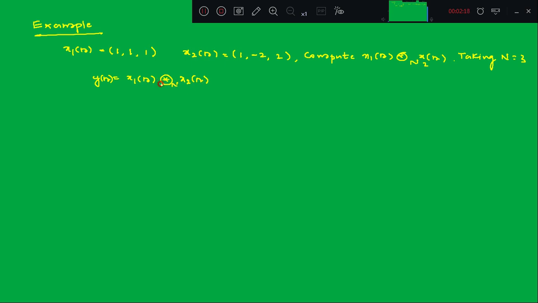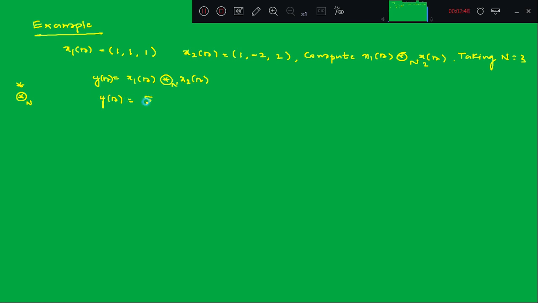So it is an N point circular convolution. Please note the difference: this star indicates simple convolution, and whenever a star is enclosed by a circle, it is N point circular convolution.